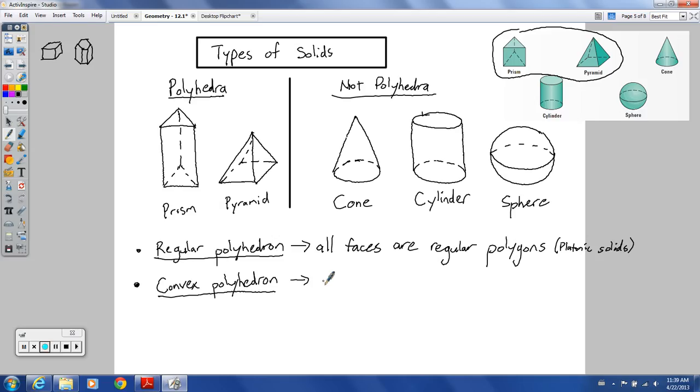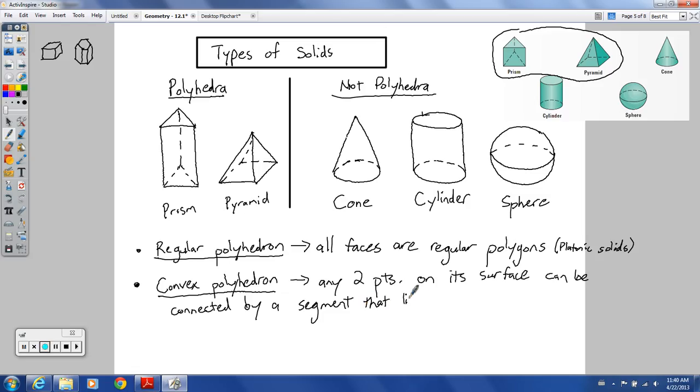A more technical way to describe that is if you take any two points on the surface of the polyhedron, they can be connected by a segment that lies entirely on or inside the polyhedron.